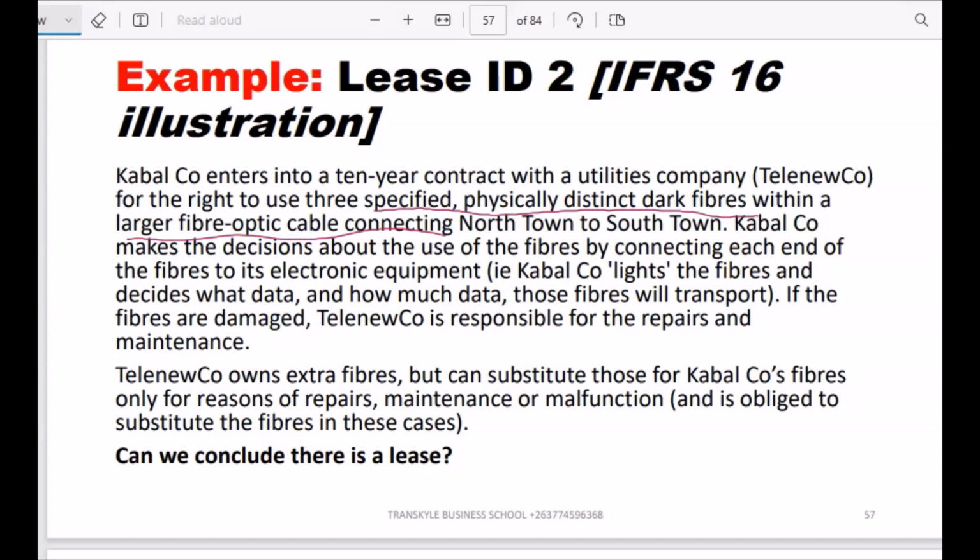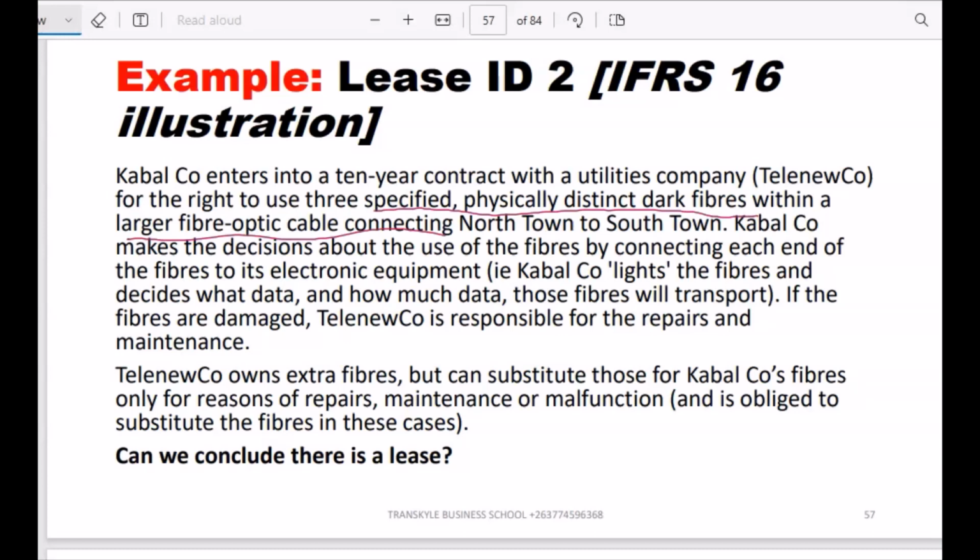Cabocco makes the decisions for the use of the fibers by connecting each end of the fibers to its electronic equipment. That is, Cabocco lights the fibers and decides what data and how much data those fibers would transport. If the fibers are damaged, Telenuco is responsible for the repairs and maintenance. Telenuco owns extra fibers but can substitute those for Cabocco's fibers only for reasons of repairs, maintenance, or malfunction, and is obliged to substitute the fibers in these cases.